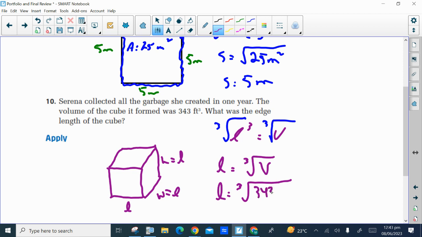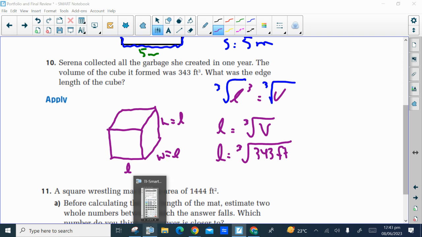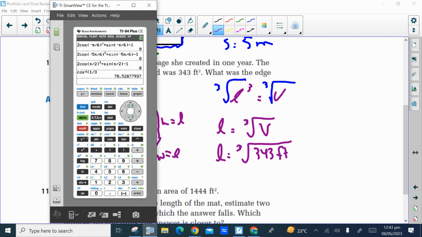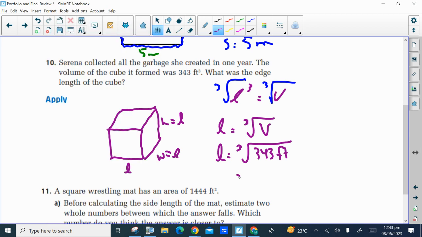The volume is 343 cubic feet, and we would take the cube root of that to get each edge length. So now we're going to go math 4 for the cube root of 343, which is 7. So the cube root of 343 is 7, and the cube root of feet cubed is feet. So that is the edge length of the cube.